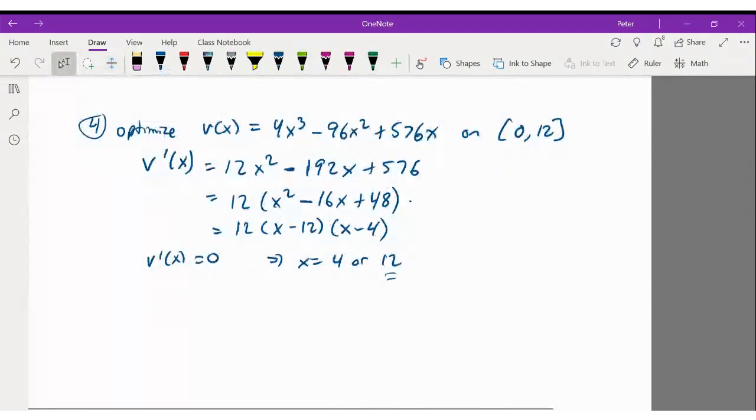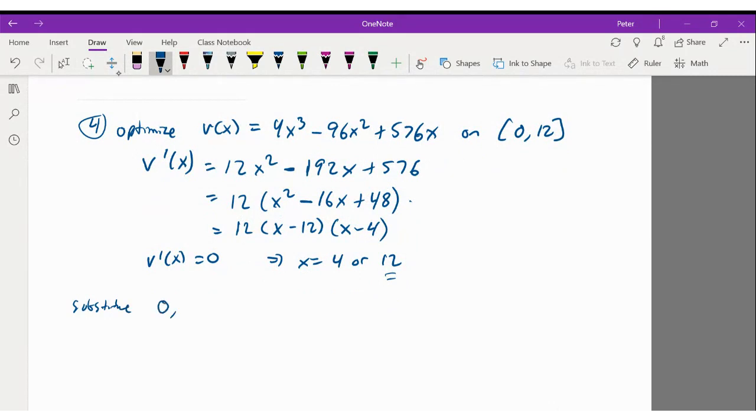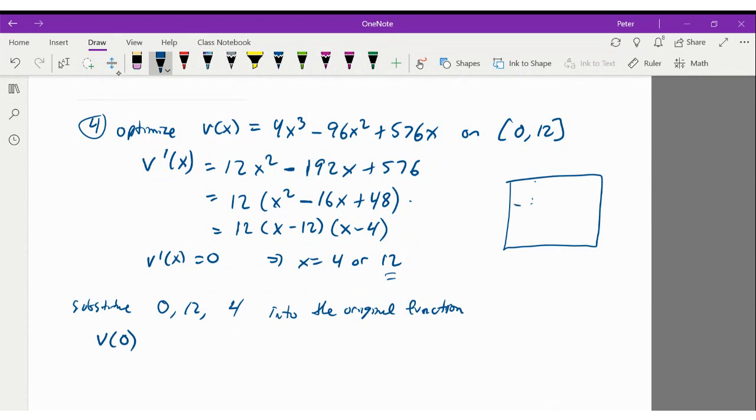Now we want to substitute the endpoints 0 and 12 and the critical number 4 into the original function. Recall that x is the height of the box, so if I choose x equals 0, I get a box of no height, with a volume of 0.